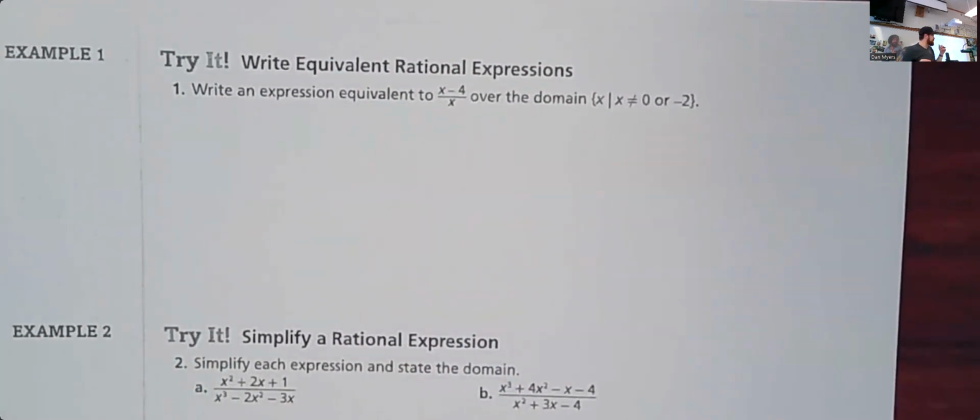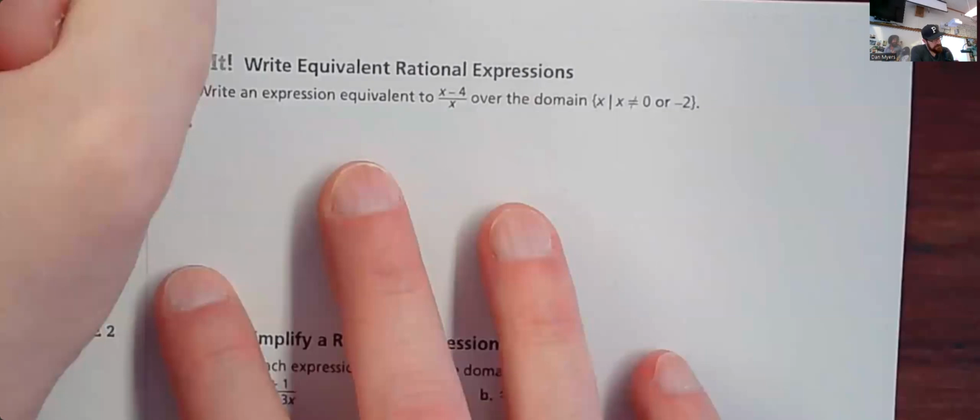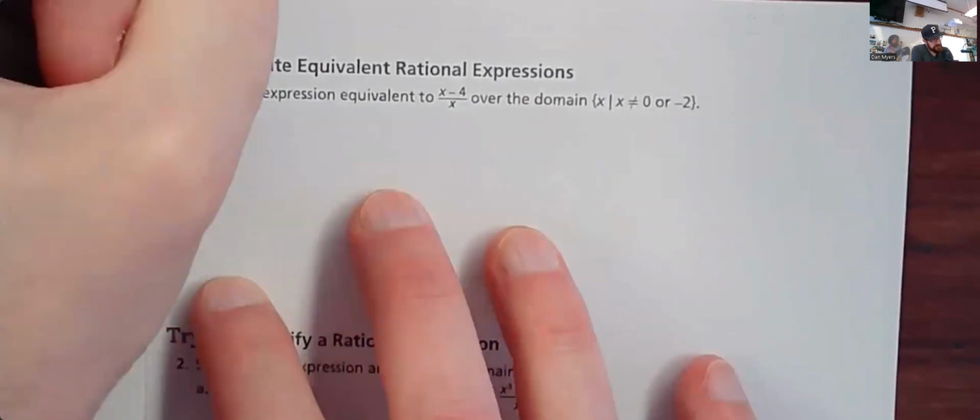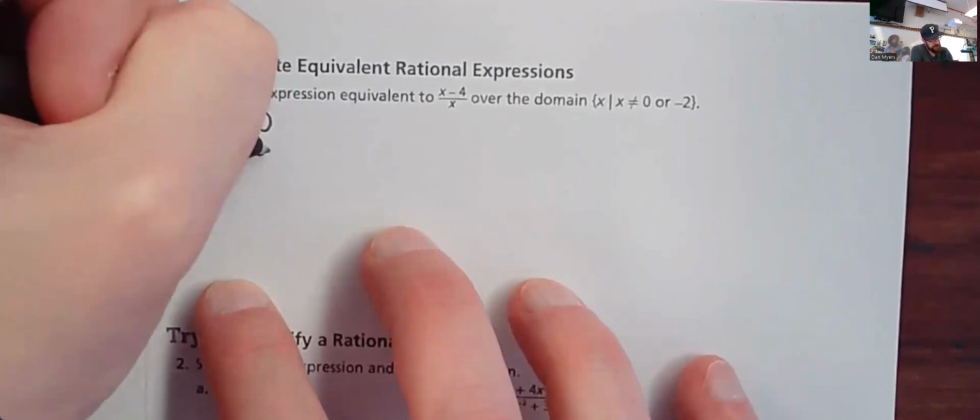So the way that we can do this is, what's an expression for which x equals negative 2? X plus 2, right? X plus 2 means that if we solve this when it's equal to 0, that means x is equal to negative 2.